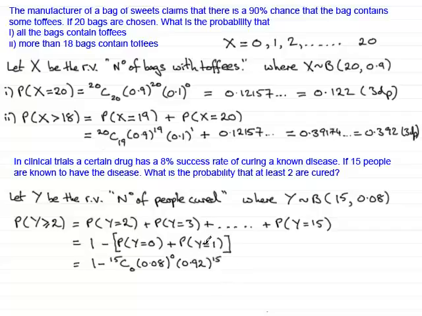Now we work out the probability of Y equals 1, so that'd be plus 15 C 1. Probability of success 0.08 would have occurred just once, and the probability of failure would have occurred 14 times. So we have 0.92 to the power 14.